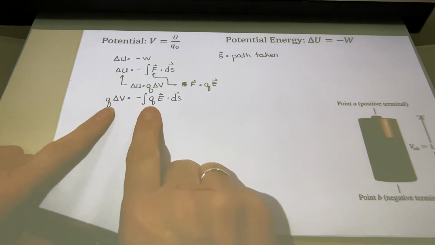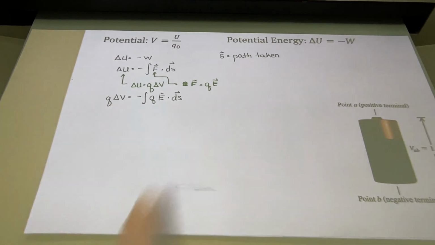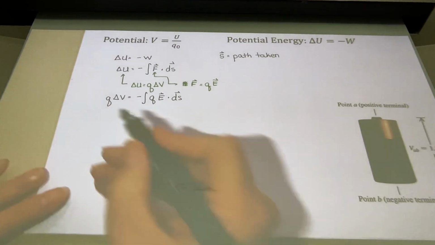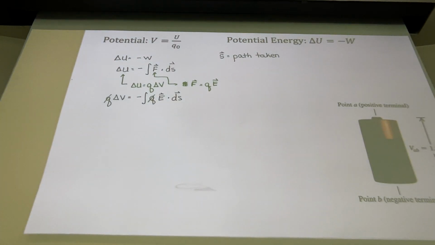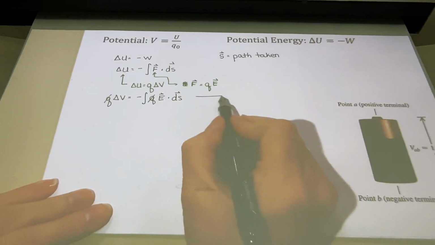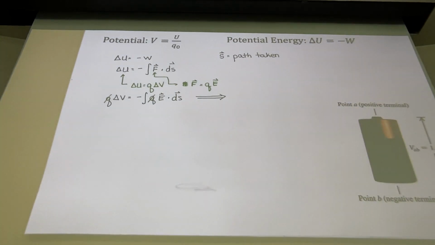You might recognize in both sides of the equation I have a Q, so I can divide both sides by Q. It's just a scalar. So then that gives me a result that's probably important enough to write in a big pen.